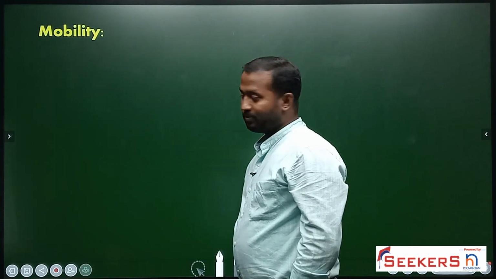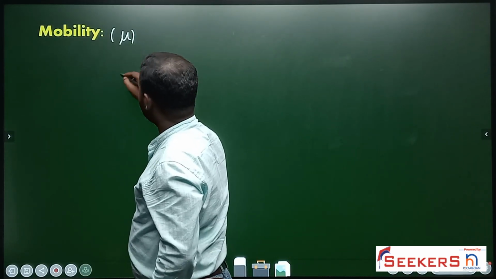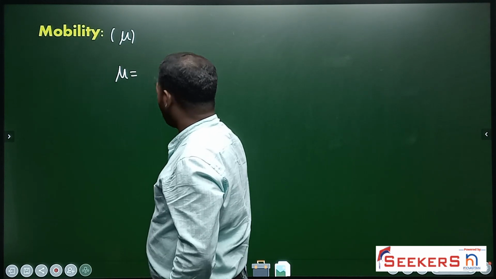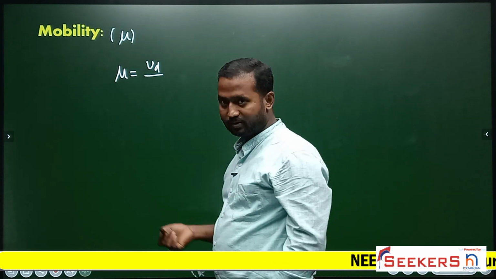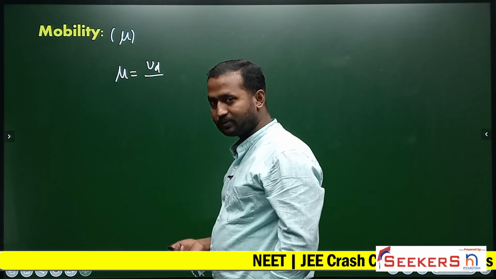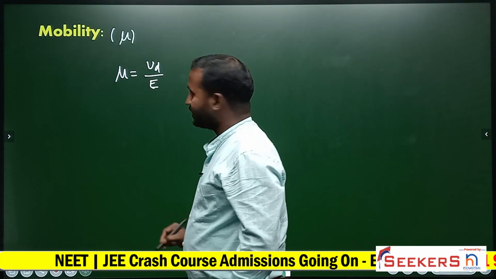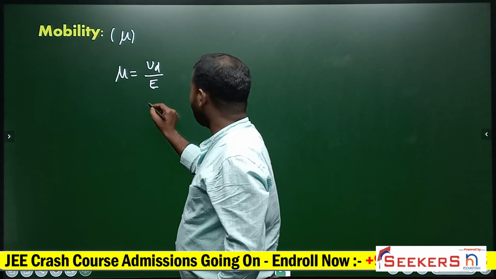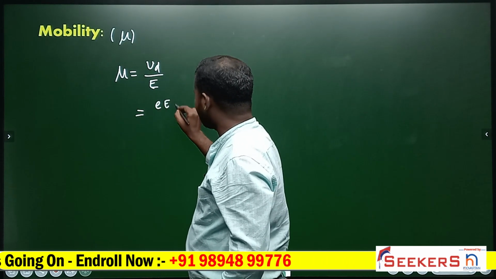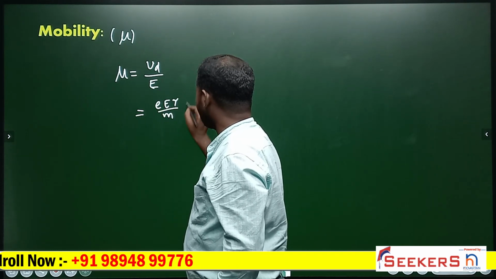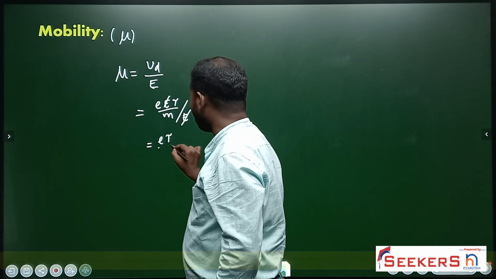Okay. What is mobility? Let us understand this. Mobility is represented with mu. Mu is nothing but how much drift velocity is gained by these electrons or charge carriers in a conductor because of the external electric field, per unit electric field applied. That is your mobility. So you have seen that the drift velocity is eE tau upon m, divided by E. That E gets cancelled, so it is e tau upon m.